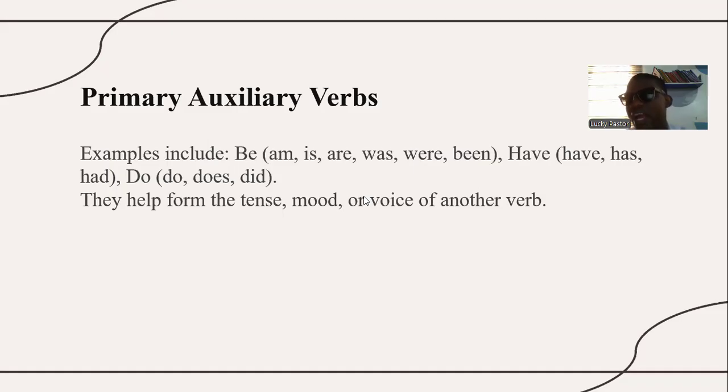Or if I say, I had come to your house, it shows past perfect tense, right? Or if I say, she has come to your house, it shows present tense, right? So you can see how it helps to show the tense of the main verb. Or if I say, I have come to your house, the mood here is indicative. I'm indicating that I am in your house, right? So it's an indicative mood.